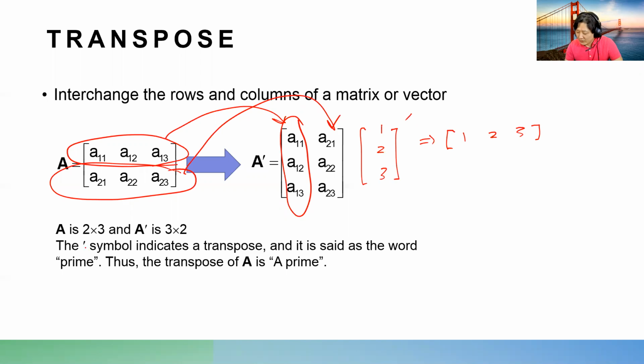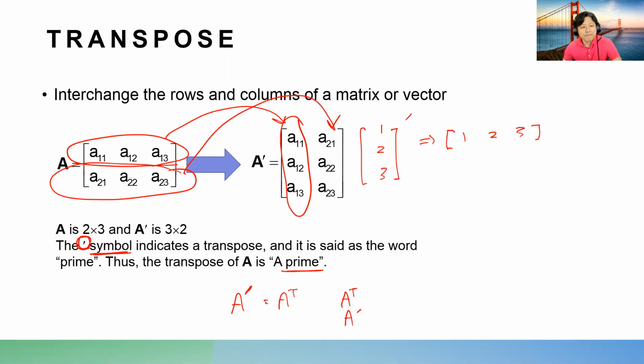And then we use this symbol for the transpose, which is called prime. In matrix algebra, when we transpose, we put this prime, or we put a superscript T. Okay, they're the same. If you see this sign, that means we will transpose the matrix. Or if you see this prime, it means we will transpose the matrix.